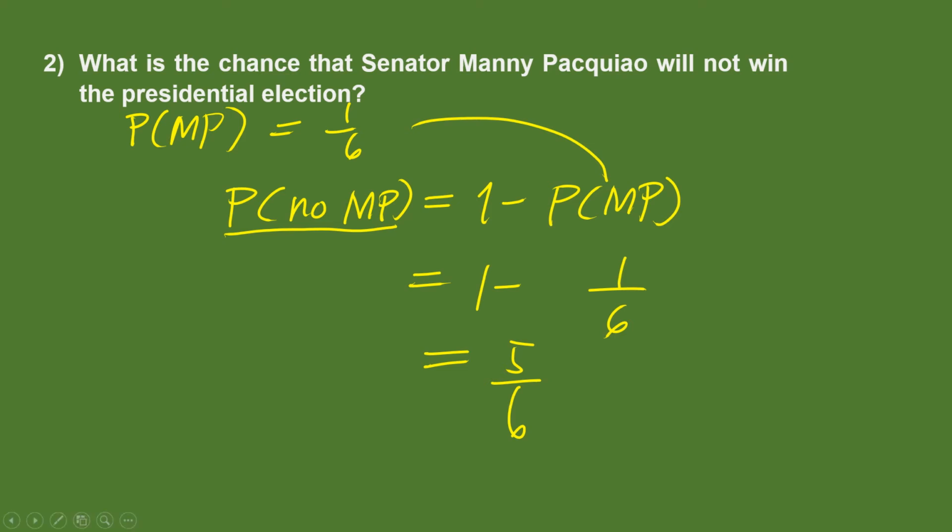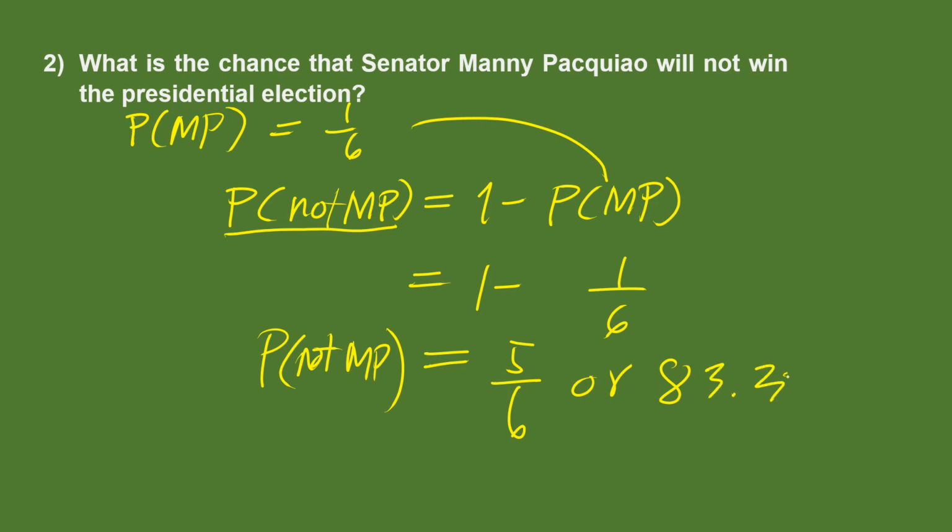So let's convert it. I-convert lang natin. This is the probability of Manny Pacquiao not winning the presidential election. So 5/6 or 83.33%.